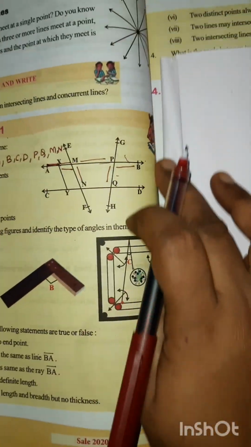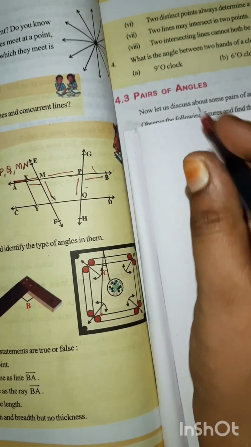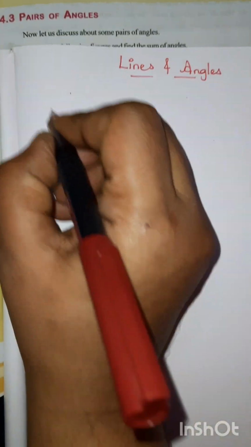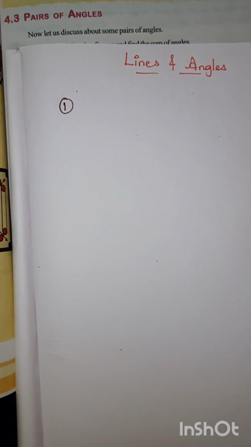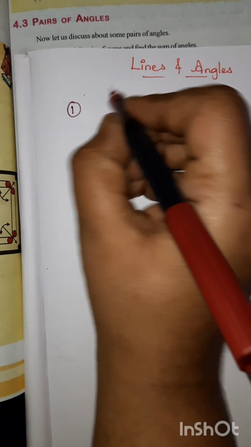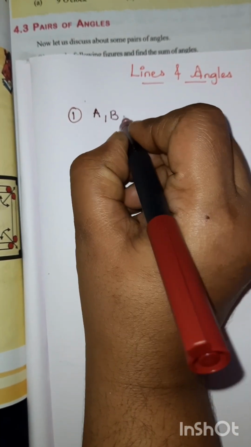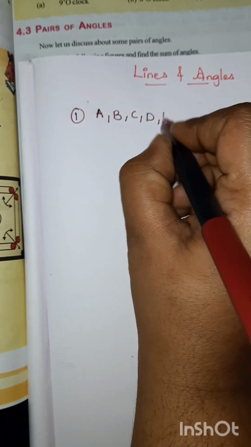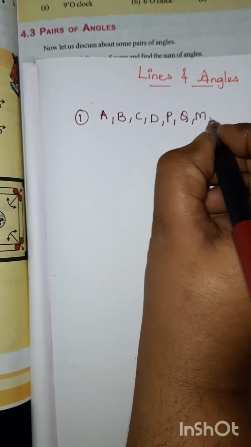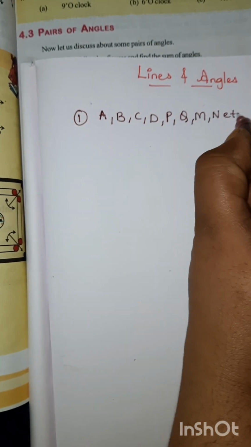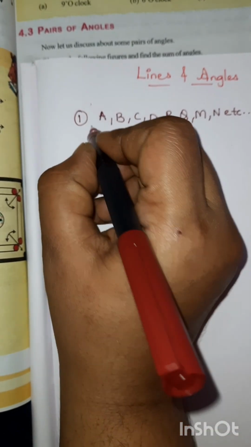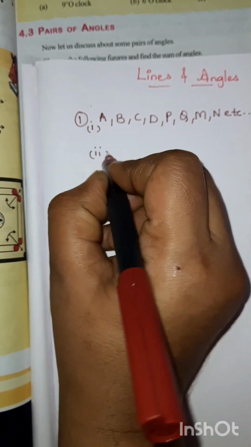So your first answer is 1. What is the first one? Any 6 points. As we discussed, A, B, C, D, P, Q, M, N, etc. The second is any 5 line segments.